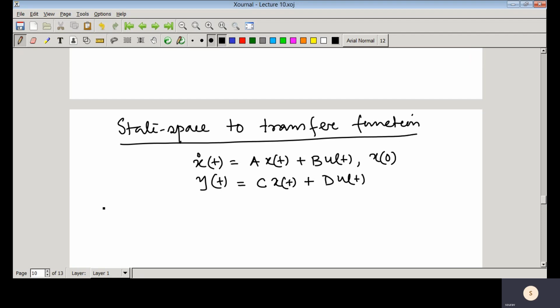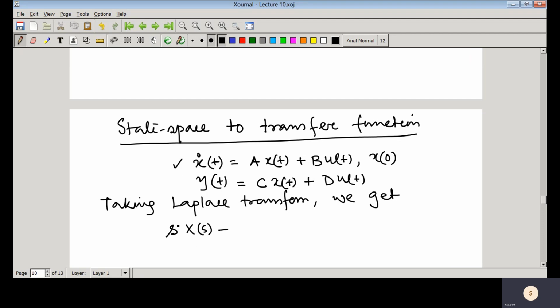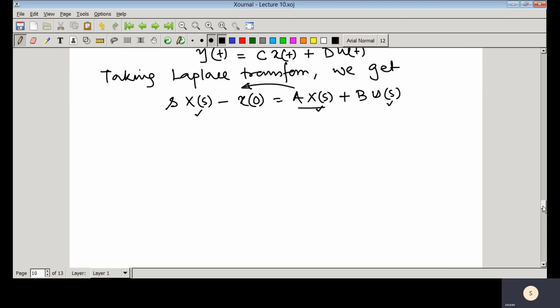So then if you take the Laplace transform, we get, for the first equation, sX(s) minus x(0), where this small s is that Laplace variable and this is that initial condition, equal to AX(s) plus BU(s), and here mind that X(s), U(s) are all vector quantities.